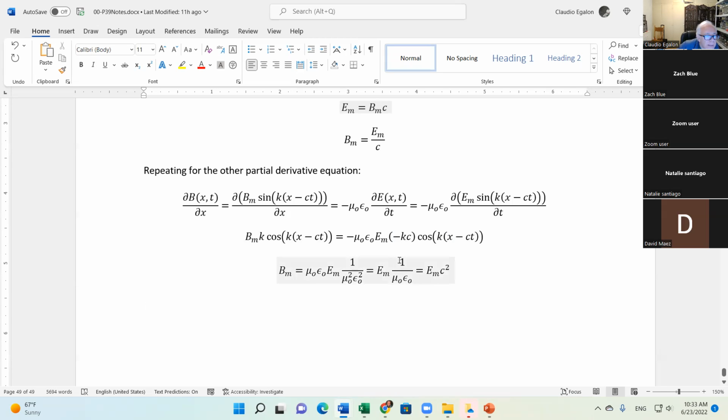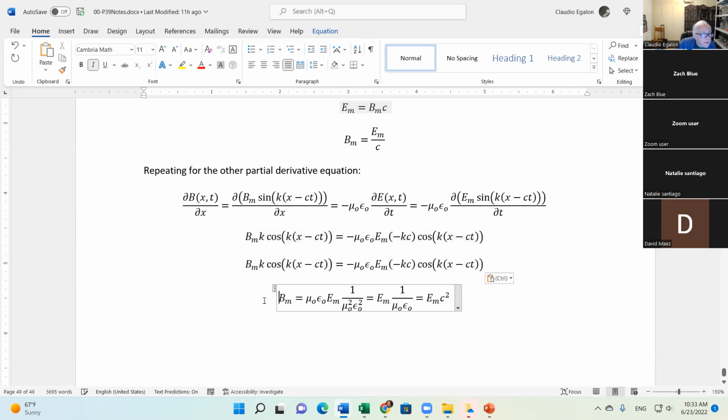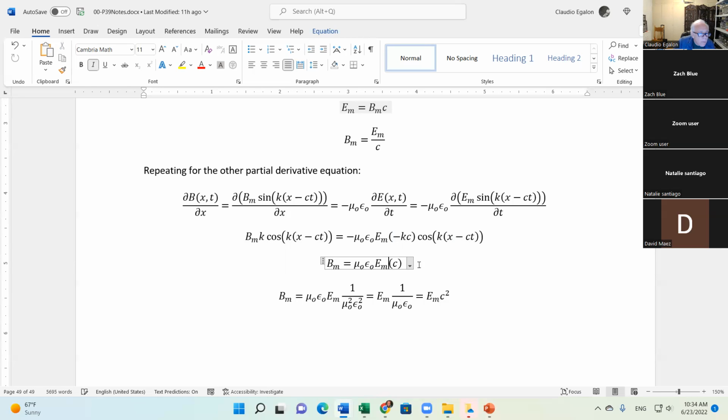Oh no, it looks like I made a mistake here. Let's see. I made a mistake somewhere here. Negative is negative. k cancels k. Cosine cancels as well. We have this, right?